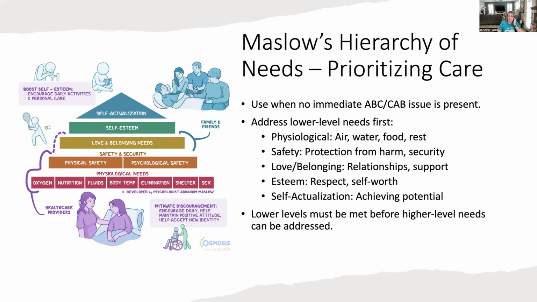Because those are physiological needs. So if I do not have oxygen, I probably don't care about my self-esteem too much, right? If I'm an unhoused individual who lives outside in Phoenix in the summer, sure, I still have self-esteem needs, but as far as the criticalness of answering a prioritization question, we're probably going to be more concerned about body temp and shelter than self-actualization needs, right?